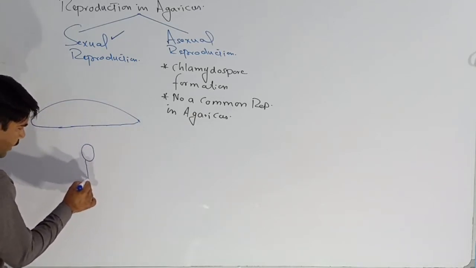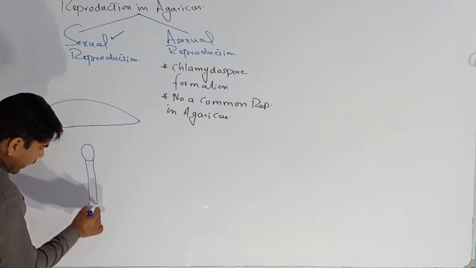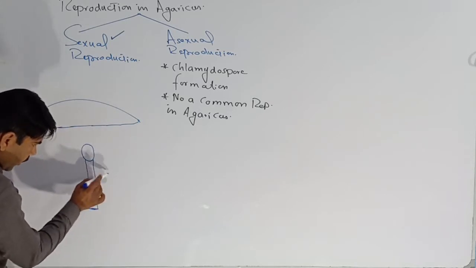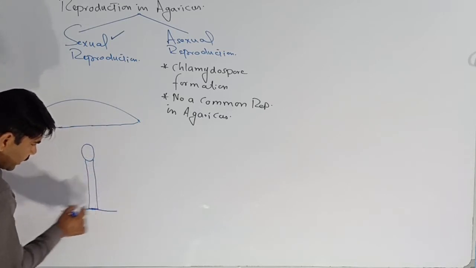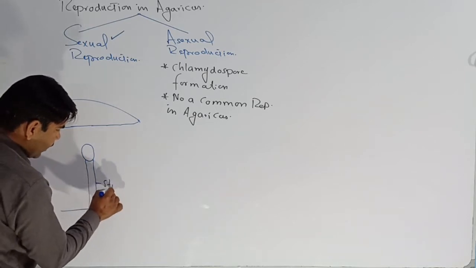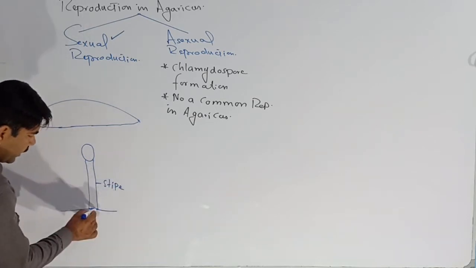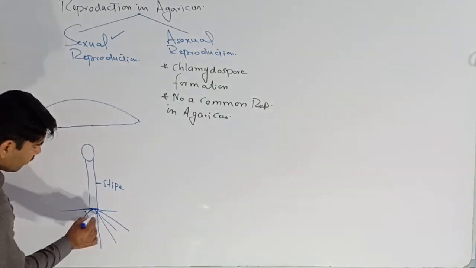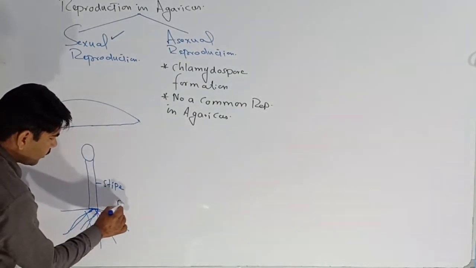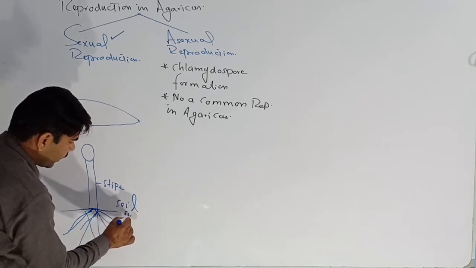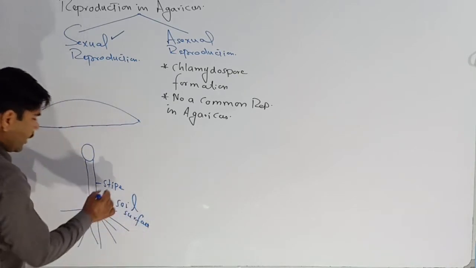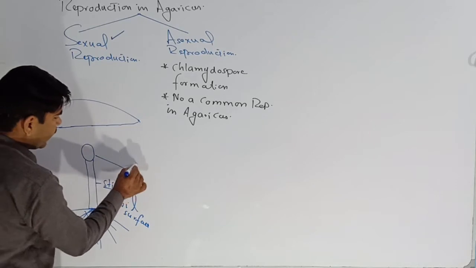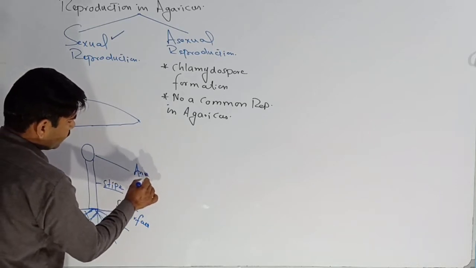and this is a structure which is known as annulus, and lower to this annulus there is a structure which is known as stipe. These are the vegetative mycelium. This one is the soil surface. This is the stipe. This one is the annulus.